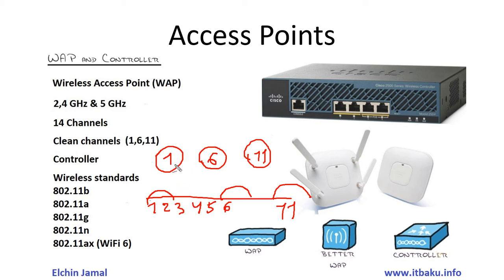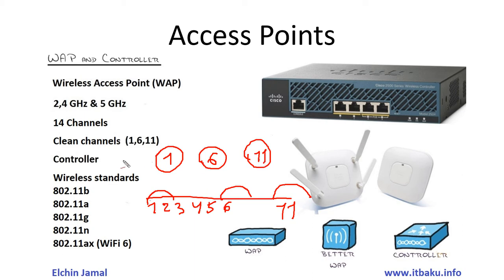Because these channels, first and sixth channel, don't interfere with each other, don't cross with each other, and 6, 11 channels don't interfere and cross with each other either, right? So if we have several access points which are very close to each other, we use clean channels.